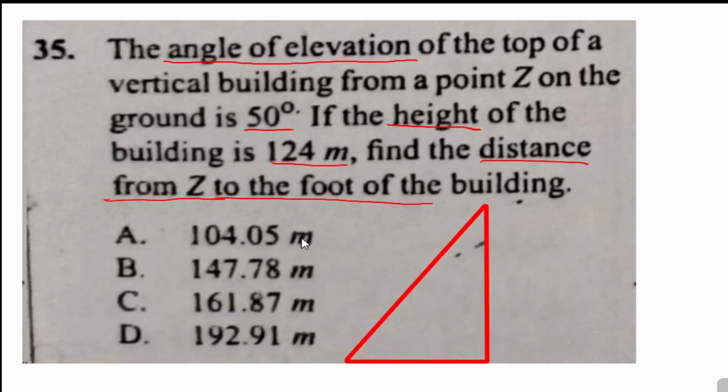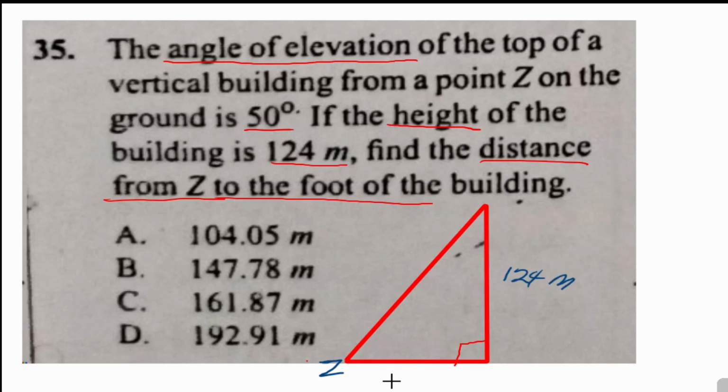We have our right triangle. Let me just put my right angle here. Then let's situate this information well. This obviously will be our building, and our point Z will be here. The height of the building is 124 meters, so that will be here.